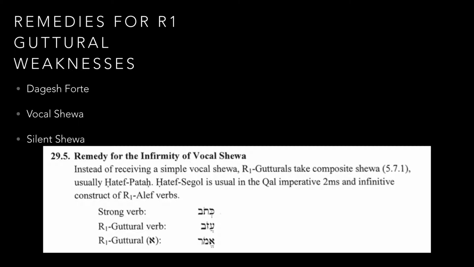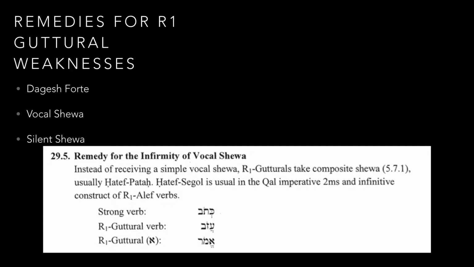As it relates to remedying the vocal schwa, this is also not completely new to us. I'm assuming you can see that there, but the strong verb ketov, we have that vocal schwa in the R1. When we have an R1 guttural, we're going to flip that to a composite. With the ayin, we're typically going to get a composite hataf patah. With the aleph, we're going to typically get a hataf segol.